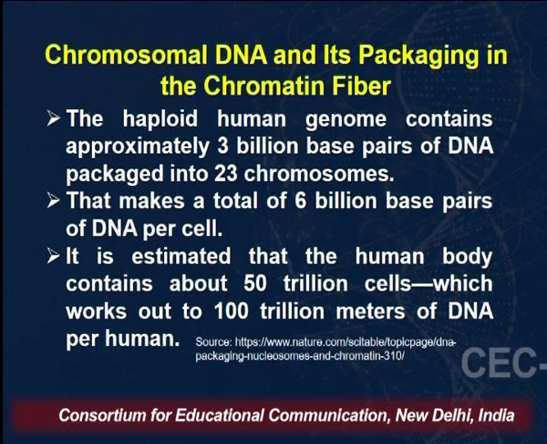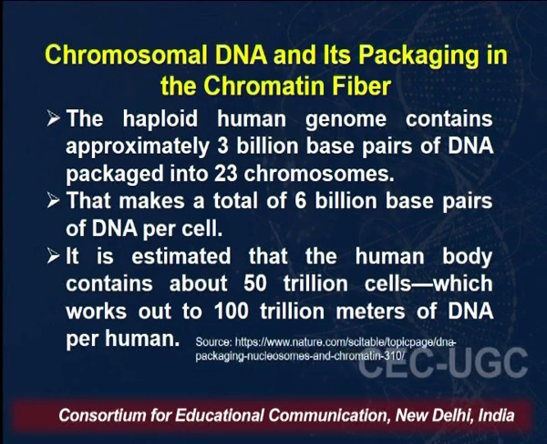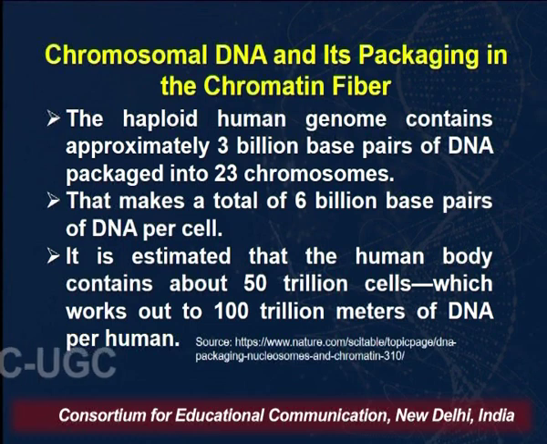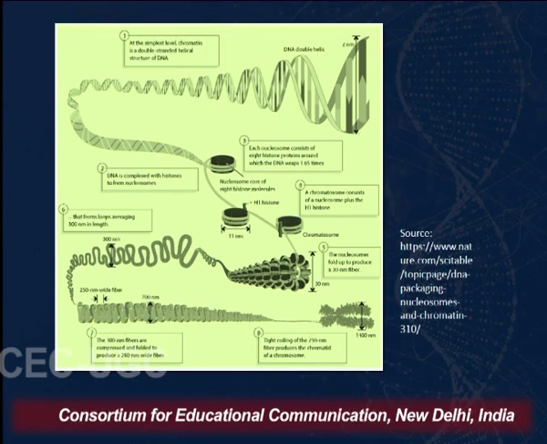So if we work it out, about 100 trillion meters of DNA per human is present. You can imagine how large a content of DNA is present within us, but over a period of time it has been characterized and condensed into specialized structures. That's why they form such microscopic structures.